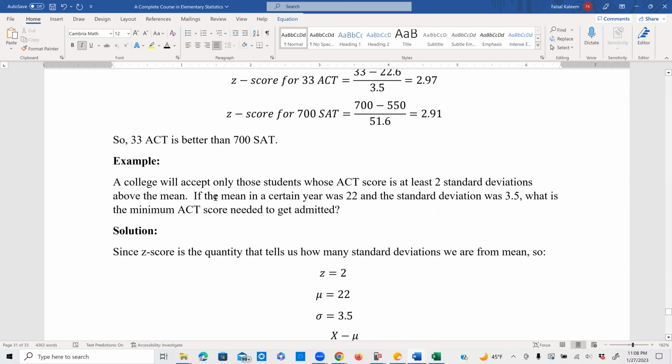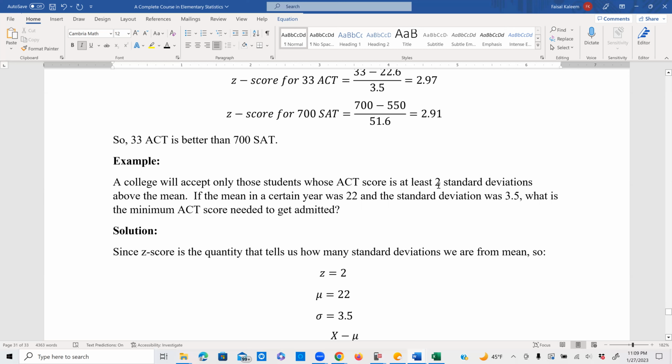Example: a college will accept only those students whose ACT is at least 2 standard deviations above the mean. If the mean in a certain year was 22 and the standard deviation was 3.5, what's the minimum ACT score needed to get admitted? Remember that the z-score tells us how many standard deviations we are from the mean.